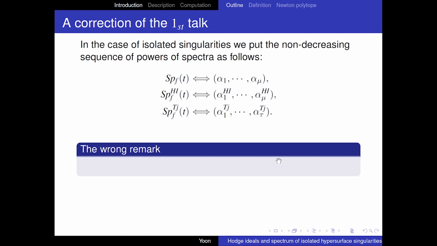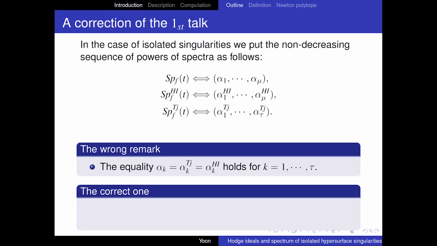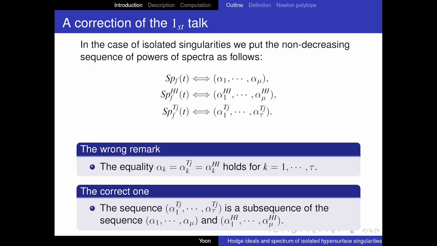What I said last time was that these sequences coincide until k is the Tjurina number minus 1. That is a little bit wrong. The correct one is this: the sequence of the Tjurina subspectrum is a subsequence of the other two.